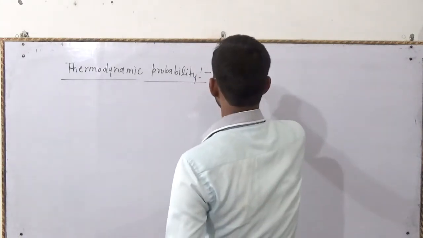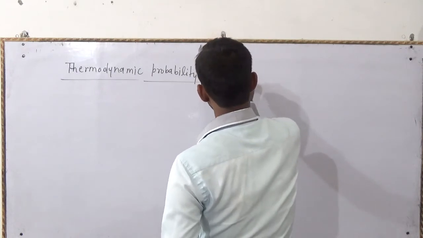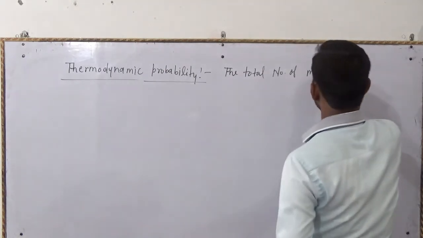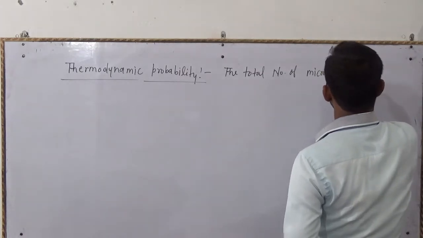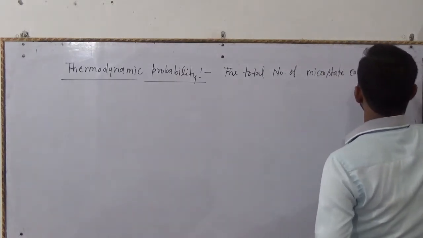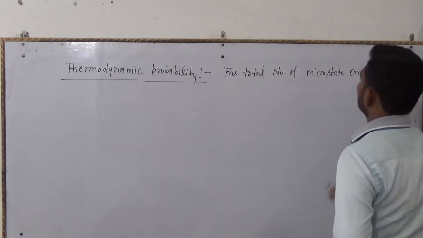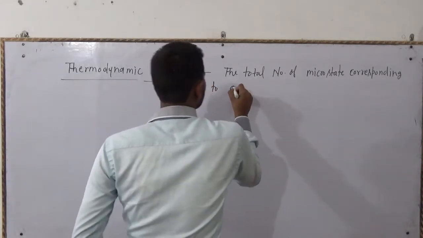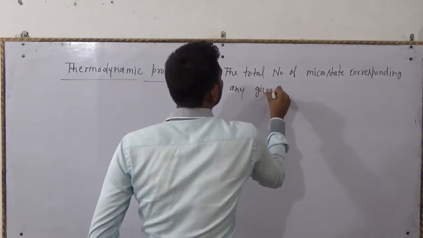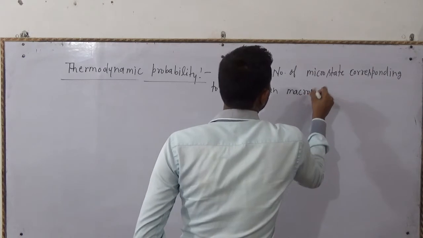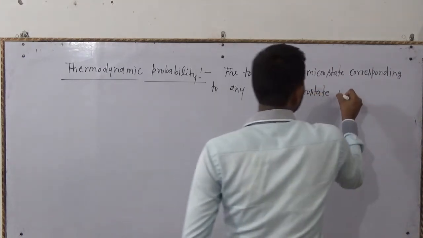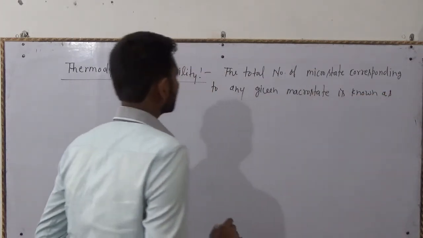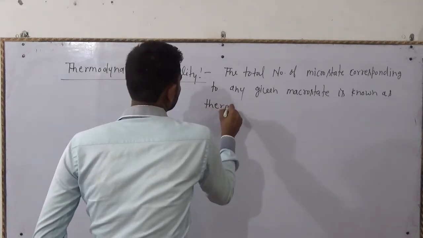So here we can write: the total number of microstates corresponding to any given macrostate is known as thermodynamic probability.